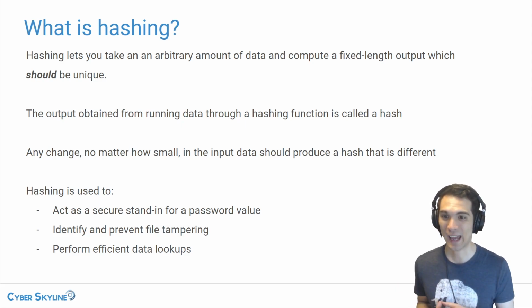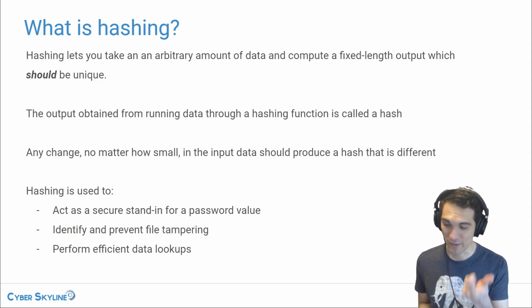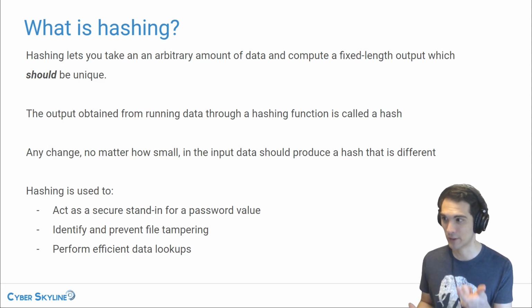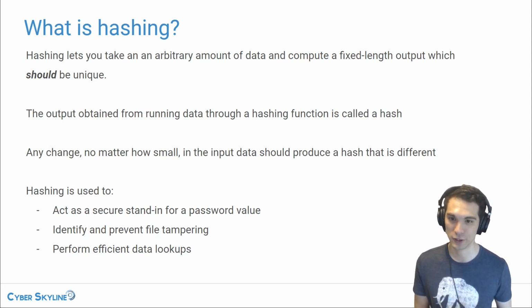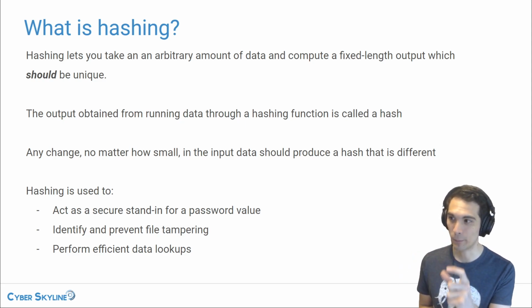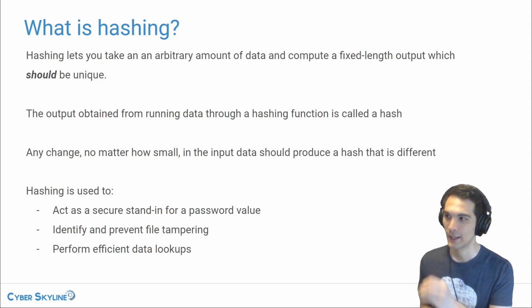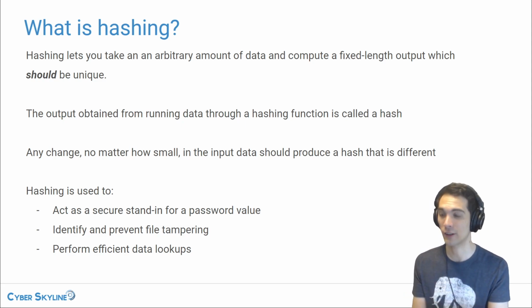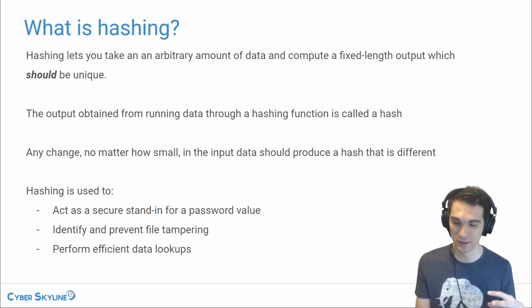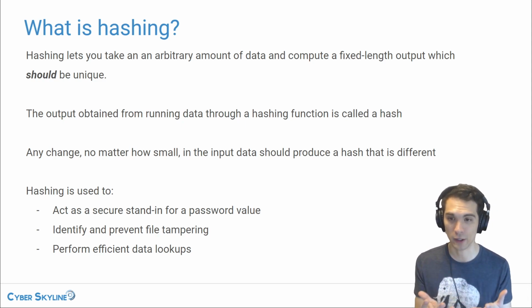You can actually hash a file and get a fixed string of characters that will represent that file. And if any small change is made to that file, you should get a very different hash. Just like with the passwords, instead of a single password going through the hashing function and generating a hash that you then compare, you put the file through the hashing function, and then you compare the hash it generates with whatever hash you might have on record.